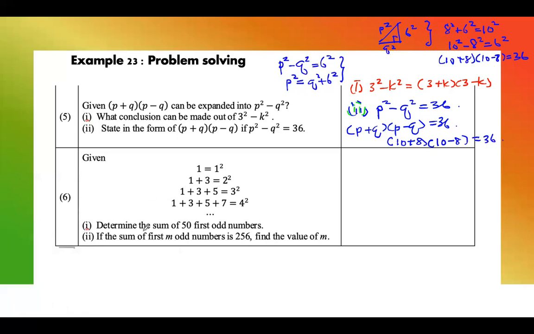For number 6, determine the sum of the first 50 odd numbers. You can see if one odd number, you get 1 squared.